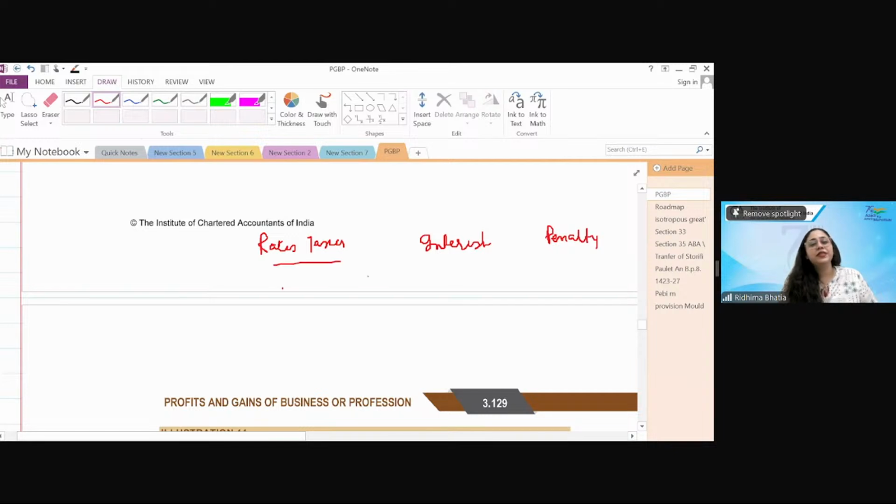Rates, taxes, interest, penalty, or fee, fine, all of this. Whenever I talk about penalty, friends, if it is for any violation, penalty generally is for violation of law, that is not allowed. But penalty for any violation of a contract: I made a contract with X Limited that I will supply them 100 goods or 100 samples by so and so date, but I failed to supply 100 samples.